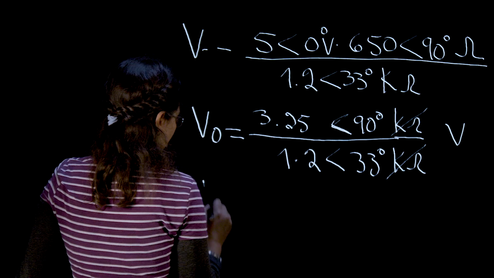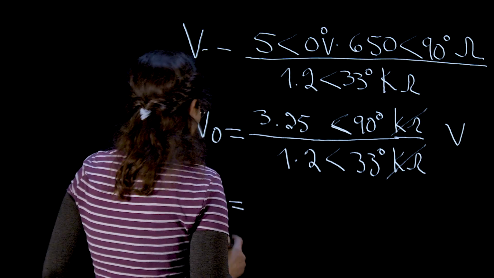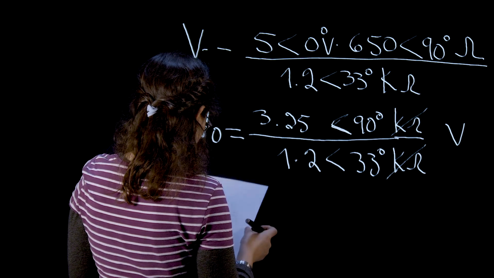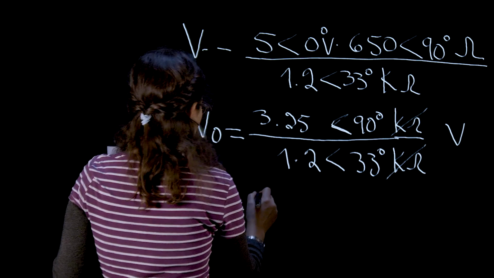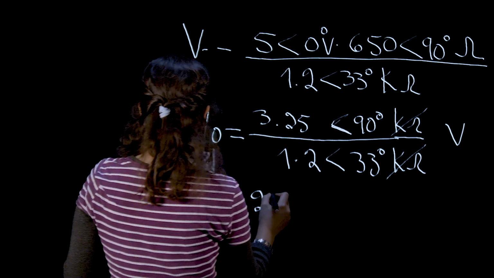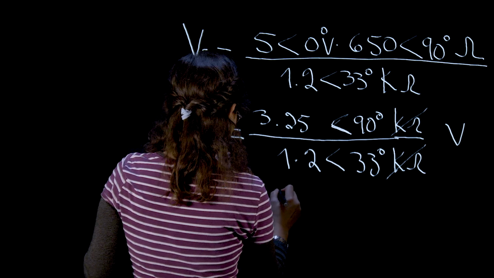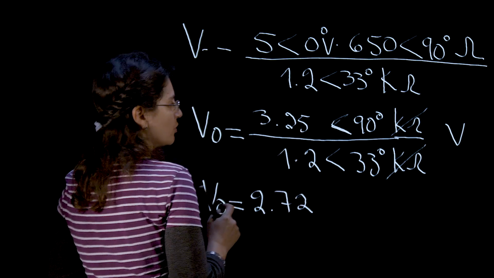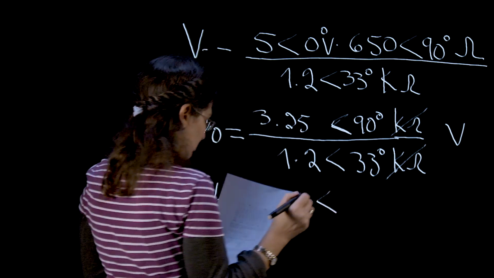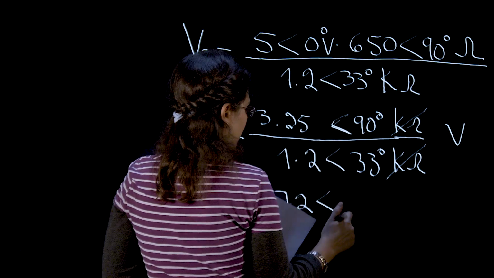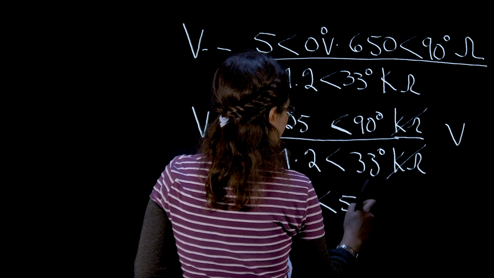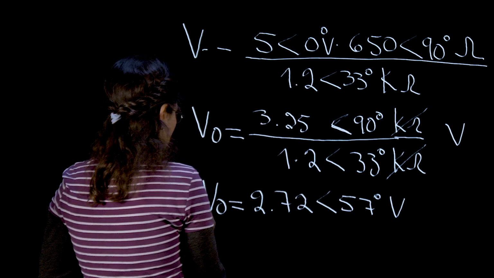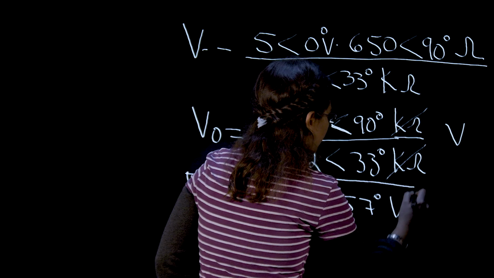So that our output voltage will be 2.72, which is 3.25 over 1.2, with an angle of 90 degrees minus 33 degrees, which is 57 degrees, volts. So this is our voltage.